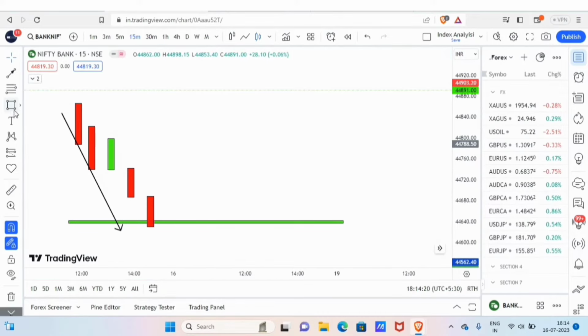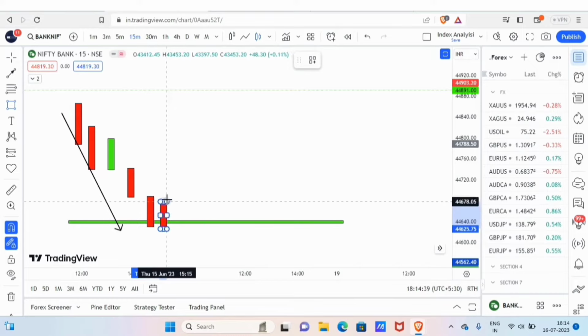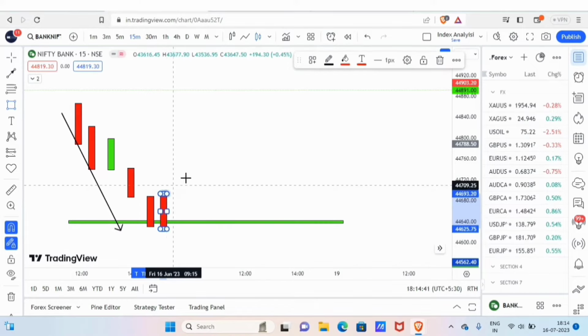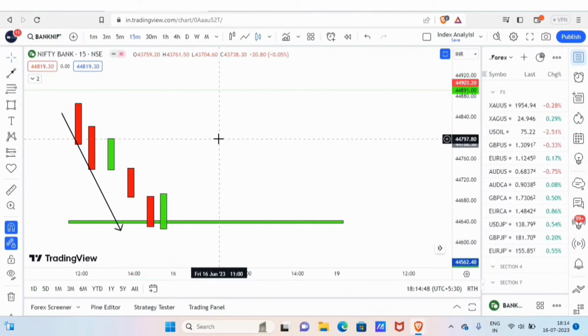We are supposed to wait for the next candle to close. If a candle opens below the red candle, and it comes and closes above the breakdown or bearish candle, it will be a green candle.